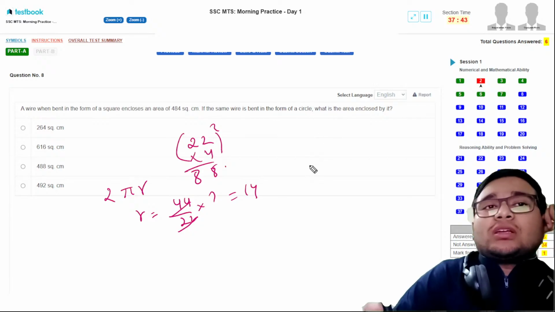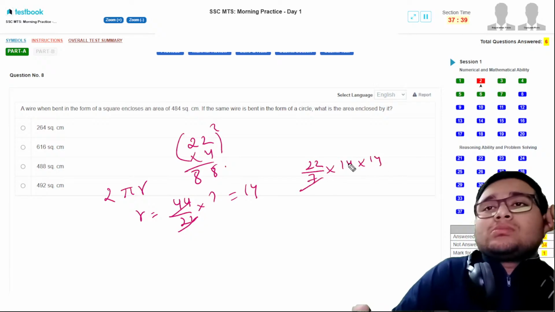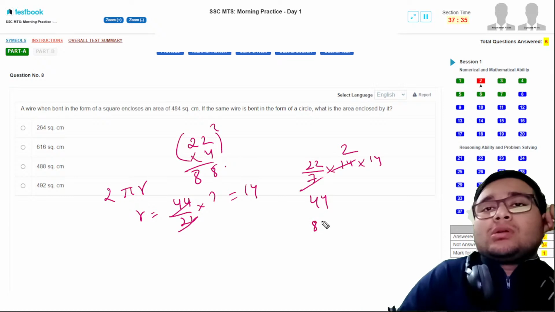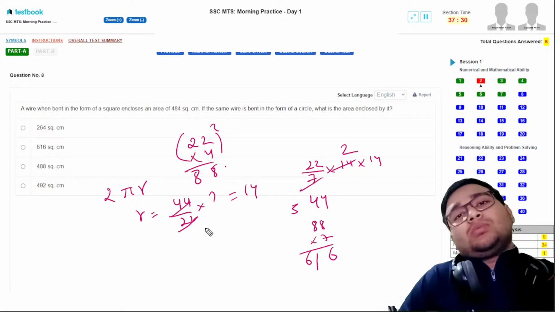The area has to be found. I r square, 4 into 28, 56.